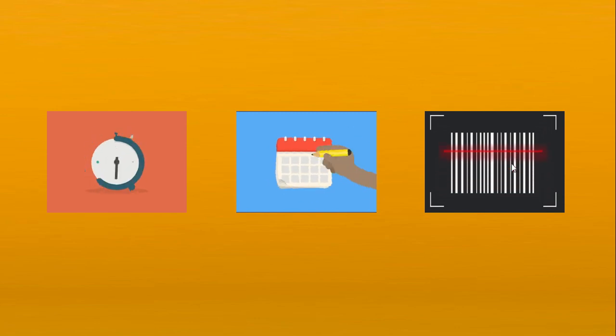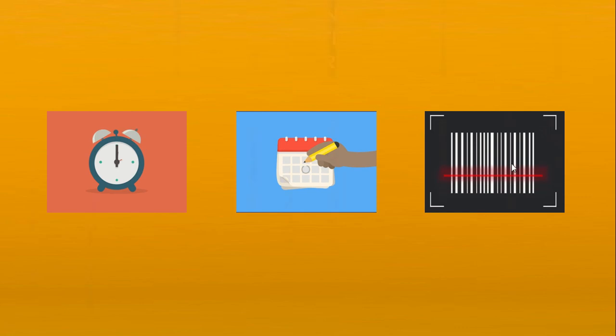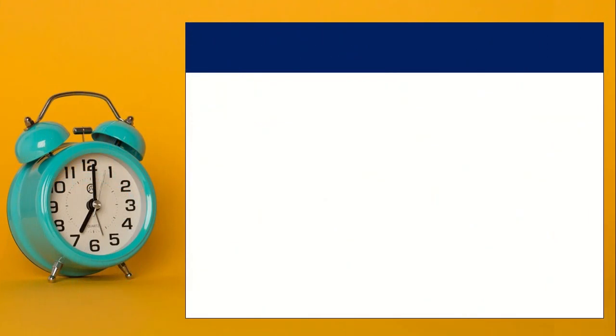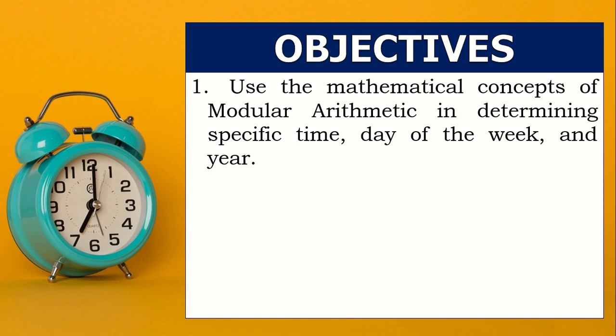So here in Unit 4, we have different applications that we might encounter. For Unit 4, our topic is about the mathematical systems. The practical applications of mathematical systems in one's daily living is what everyone is trying to seek.